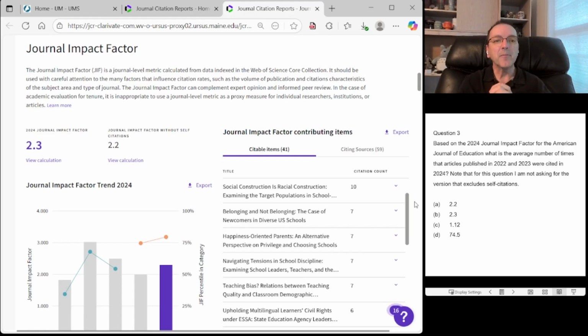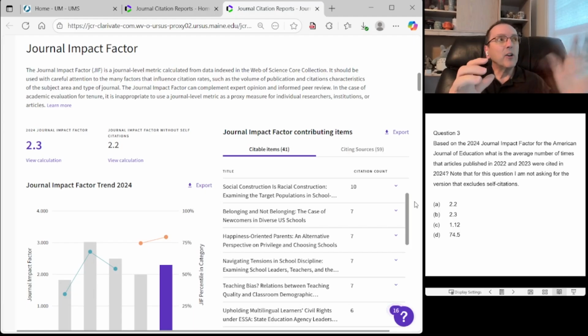journal impact factor. Technically, how the journal impact factor works for 2024: if we're doing the impact factor for the American Journal of Education for 2024, the JCR computers look at the two preceding years, 2023 and 2022, and find all the articles that were published by the American Journal of Education in 2022 and 2023, and make a list.